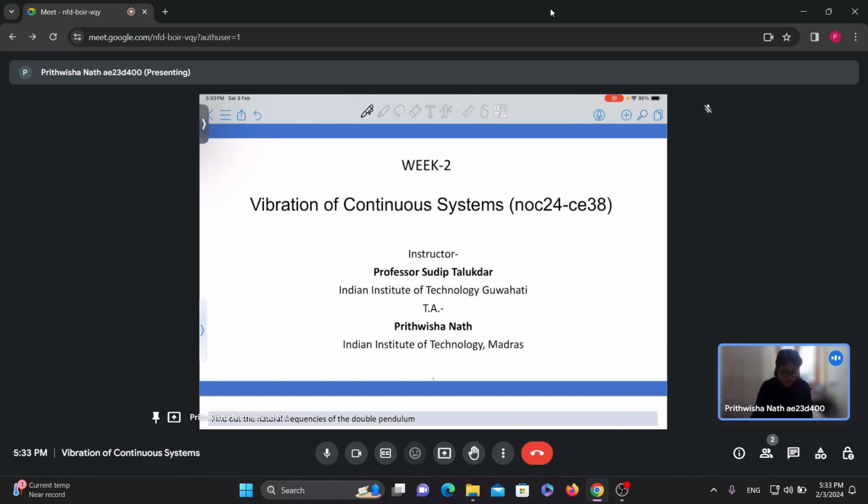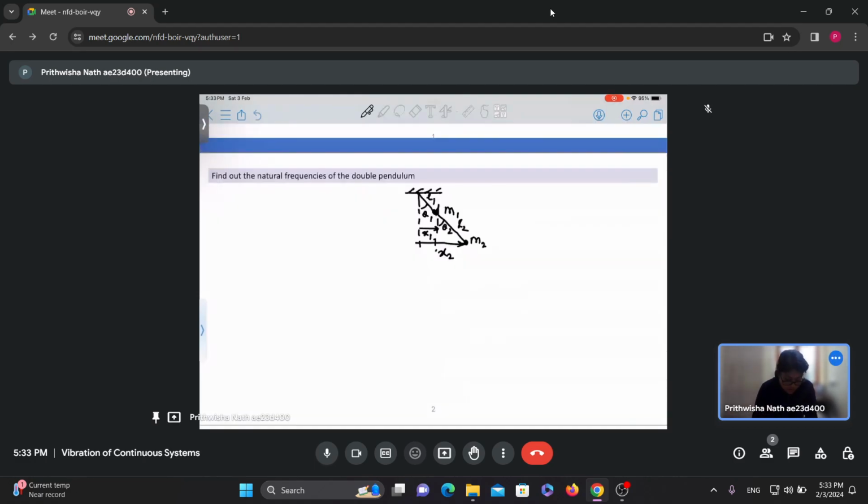So this is the first question. Here we need to find the natural frequency for the double pendulum.